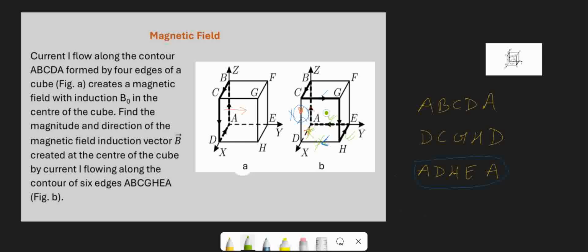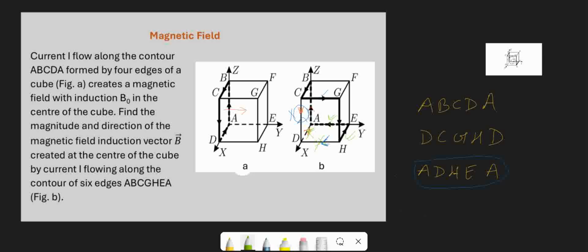So you can see that the current I flowing along the contour ABCGHEA can be represented as the sum of three currents, each I, flowing along the contours ABCDA, DCGHD and ADHEA.